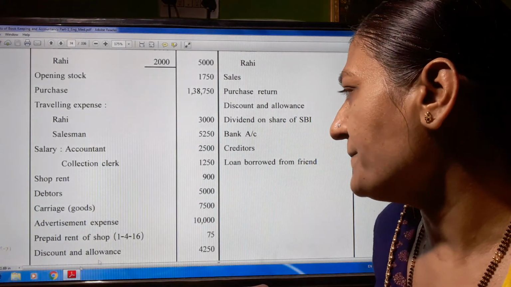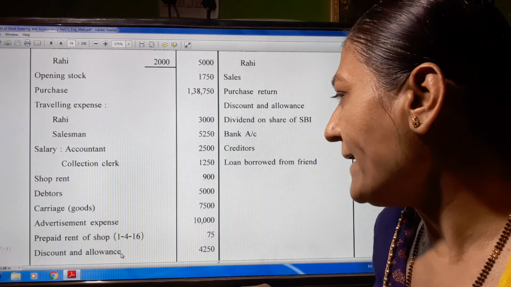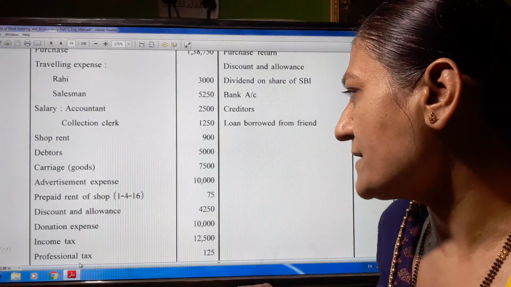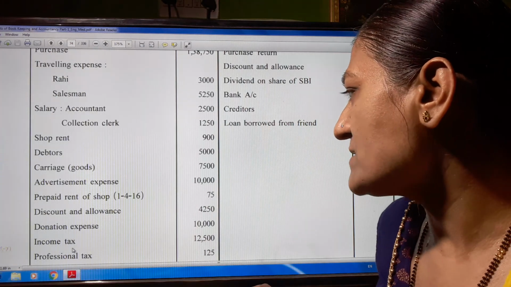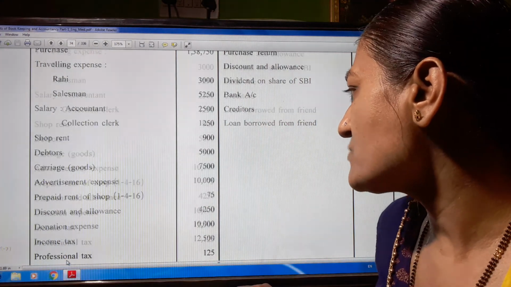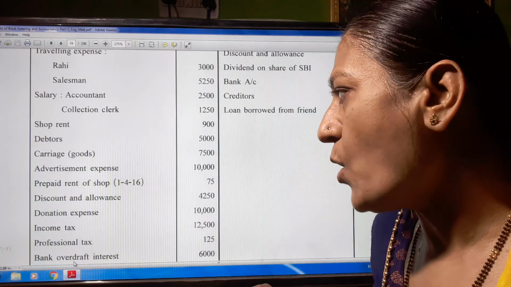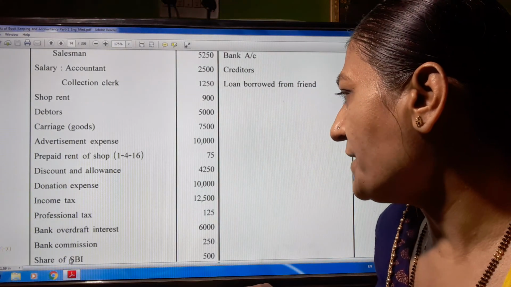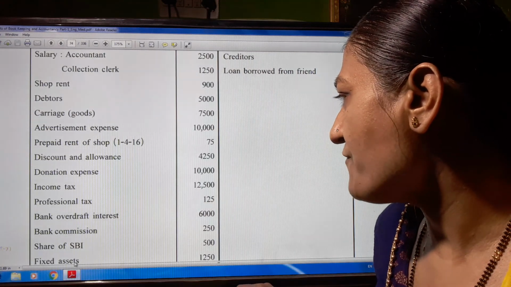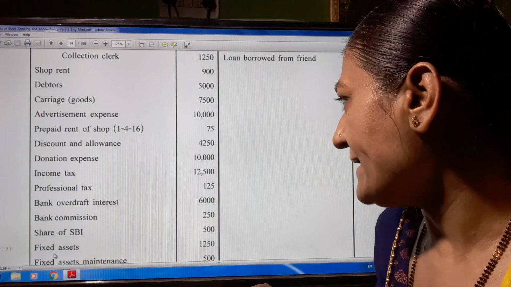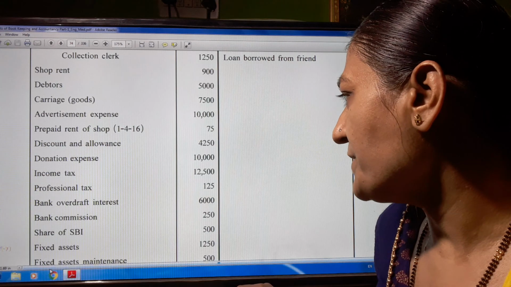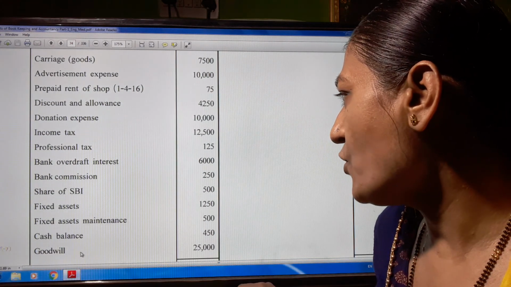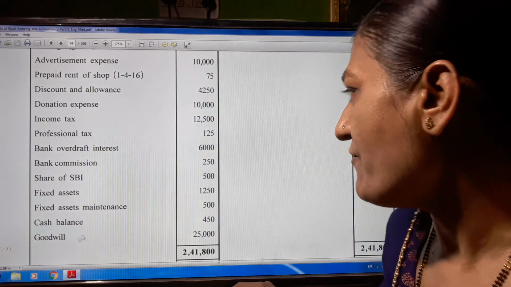75 rupees prepaid. Discount and allowance 4,250. Donation expense 10,000. Income tax 12,500. Professional tax 125. Bank overdraft interest 6,000, bank commission 250, shares of SBI 500, fixed asset 1,250, fixed asset maintenance 500, cash balance 450 and goodwill 25,000.